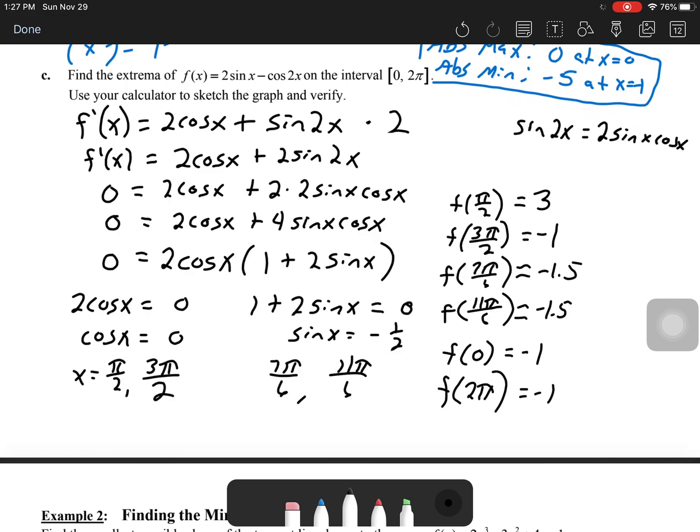Alright, so it looks like my absolute max is going to be 3, which occurs at x equals pi over 2, and my absolute min is going to be negative 1.5, which does occur in 2 different spots, but there is just the one min, so it's negative 1.5, and that occurs at 7 pi over 6 and 11 pi over 6.